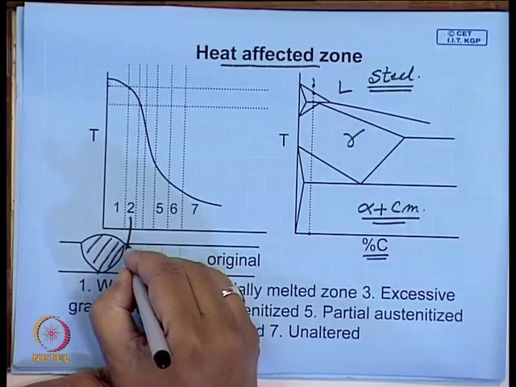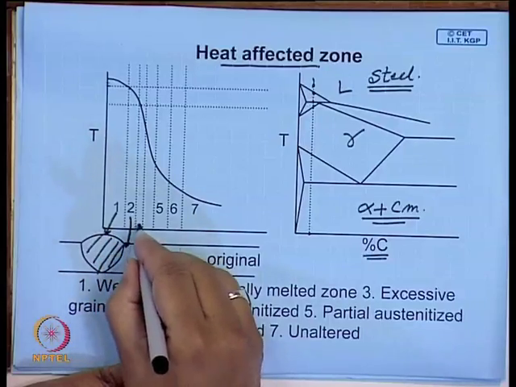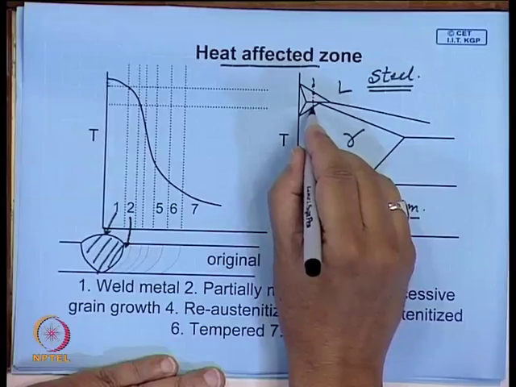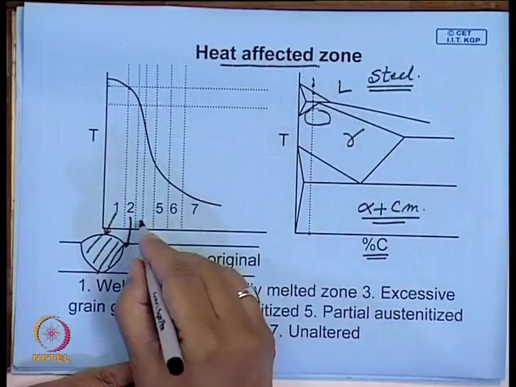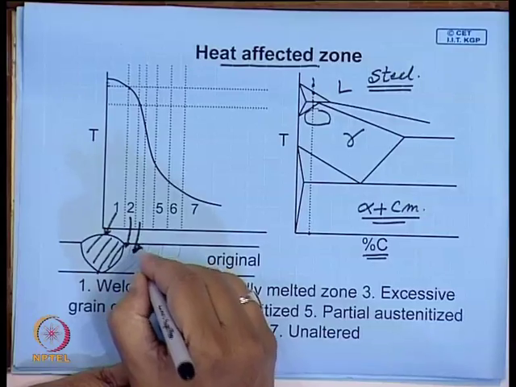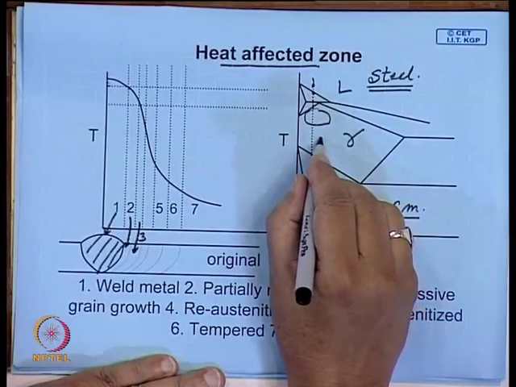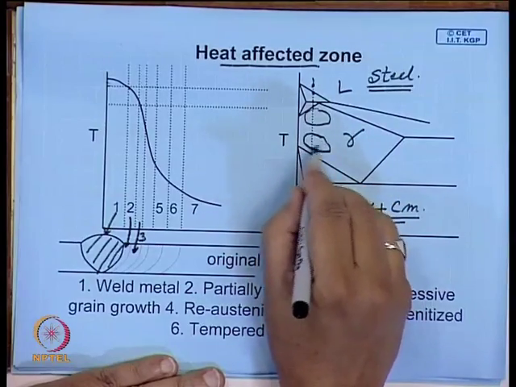This is number 1, this is 2, and there will also be a zone just after this which will be heated to these regions. This is zone 3, and there is another zone which is a normal heat treatment region.